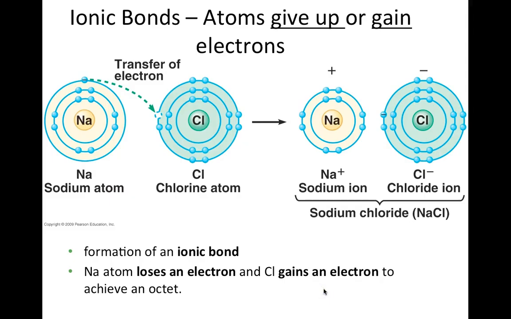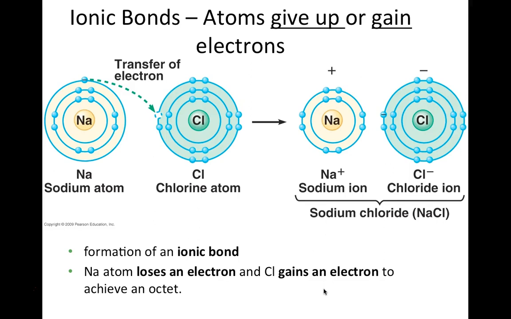Ionic bonds are the type of chemical bond where an electron is transferred from one atom to another. And notice what happens. We actually change the name of the description of a particular element. On the left, we start out with one sodium atom and one chlorine atom.